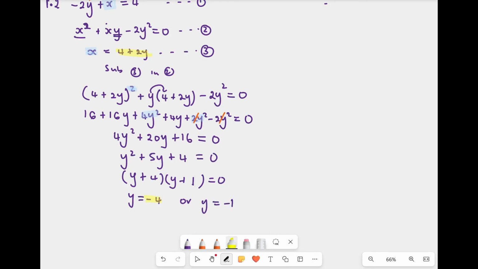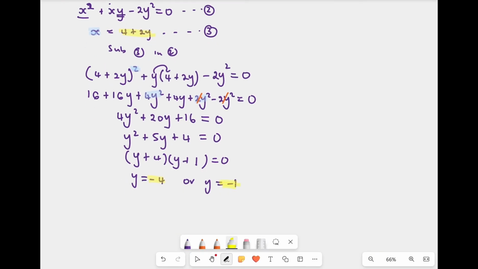Now, we need to find the values of x. We take these values and we substitute in equation number 3. Now, if we substitute in equation number 3, we are going to have x is equal to 4 plus 2 multiplied by negative 4, which will be negative 4.